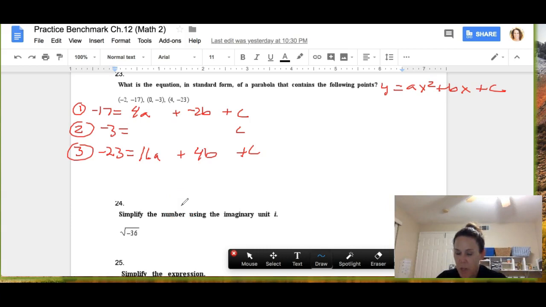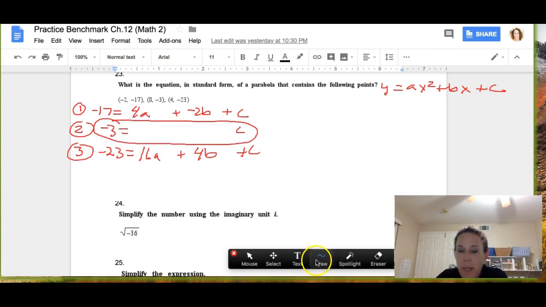Now, one thing you can do to simplify would be to gather 2 equations, find a system of equations to eliminate one of the variables, and then take another 2 equations and eliminate that same variable, and then you'll be left with 2 equations, 2 variables. But this one is even easier, and the reason is, if you look here, we have negative 3 is c.